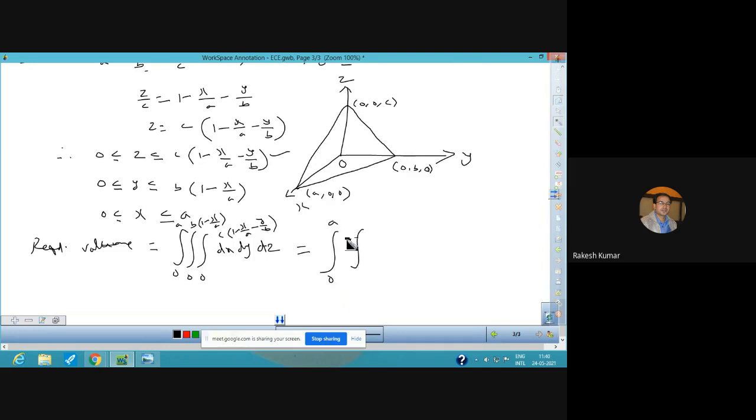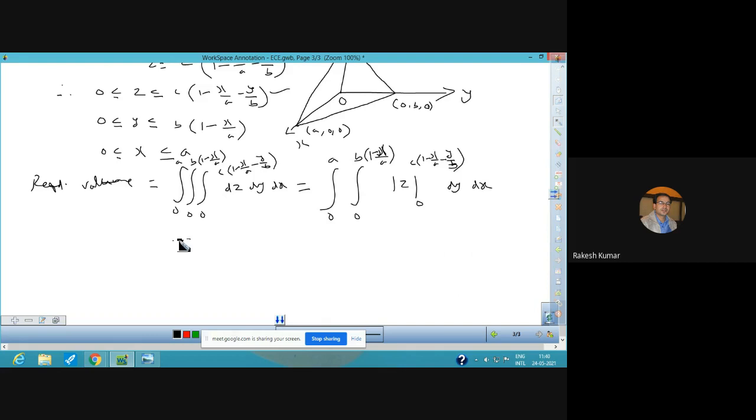So integrate with respect to z first. Since the limits of z are in terms of x and y, z will be written first, so that will be dz, dy, dx. And integration with respect to z gives 0 to c into 1 minus x over a minus y over b, dy dx.